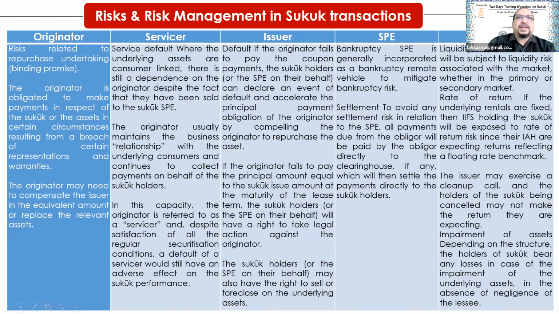So in summary, if you want to consolidate these titles, risk management is related to two parties, originators and investors, meaning the risk of the issuer of the sukuk and the risk of the holder of the sukuk.